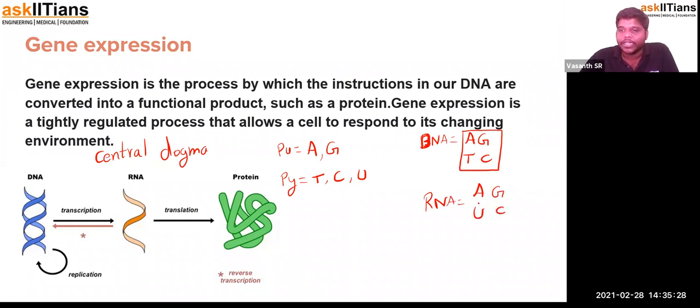So in this case, thymine is replaced with uracil. That's the modification. So the transfer of knowledge from DNA script to RNA script is called transcription.